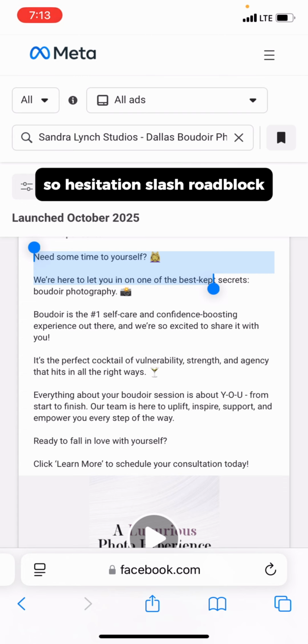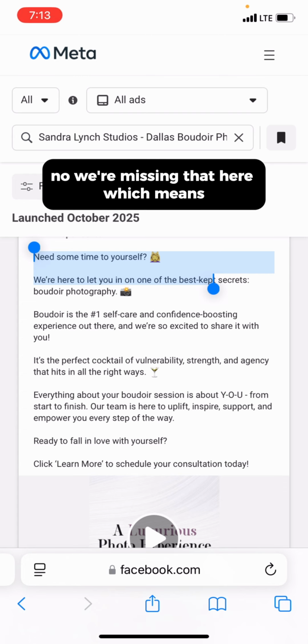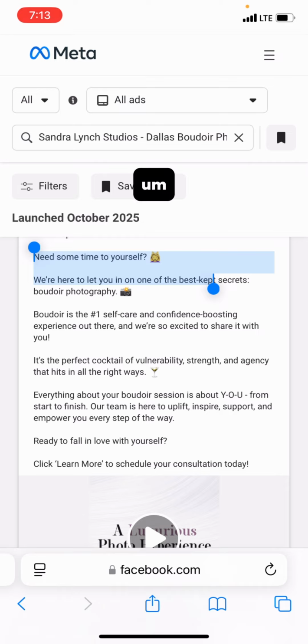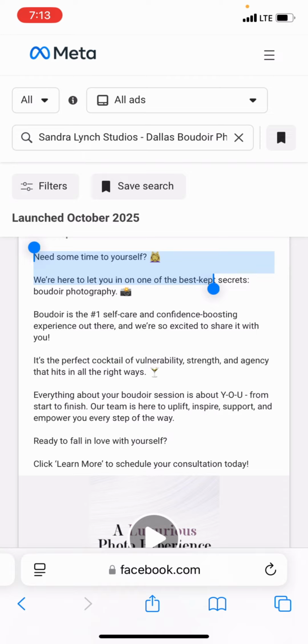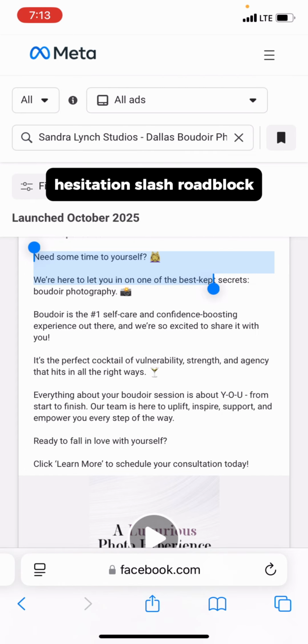So hesitation/roadblock, no, we're missing that here, which means we're missing the triangle of mental tension: the negative, the positive, the hesitation/roadblock.